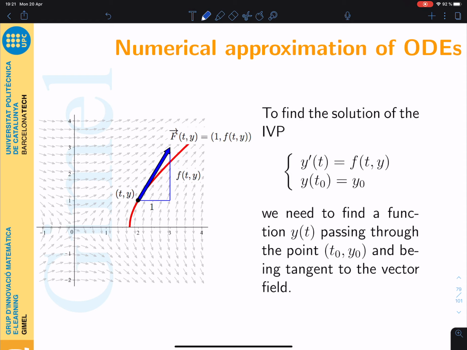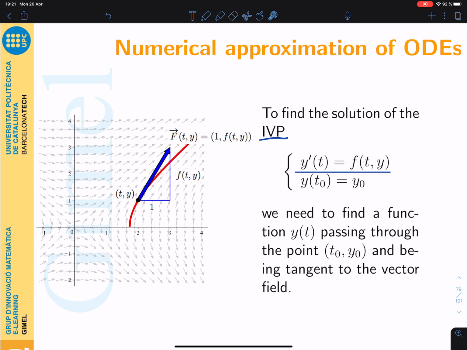Okay, so to find the solution of an initial value problem, we first need to rewrite the ODE, the first order ODE, in this specific manner: y prime of t isolated on the left-hand side of the equation, and everything else that depends on t and y on the right-hand side.